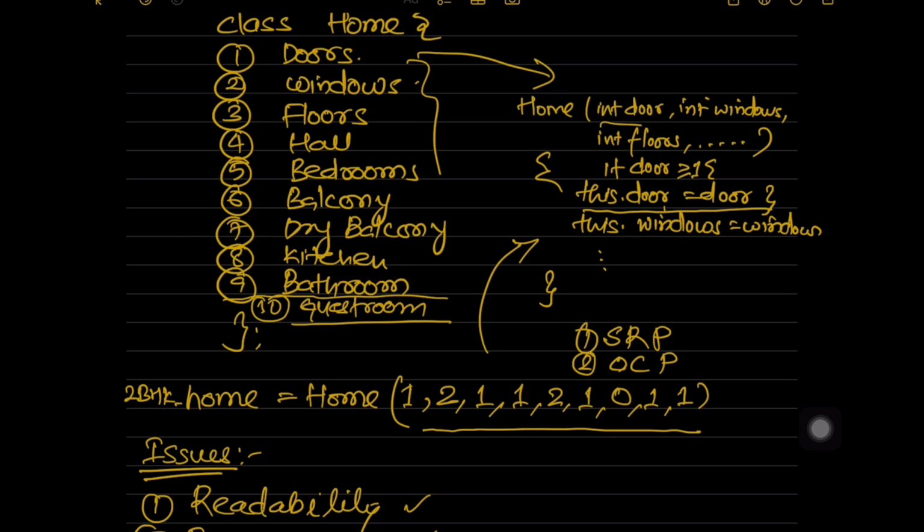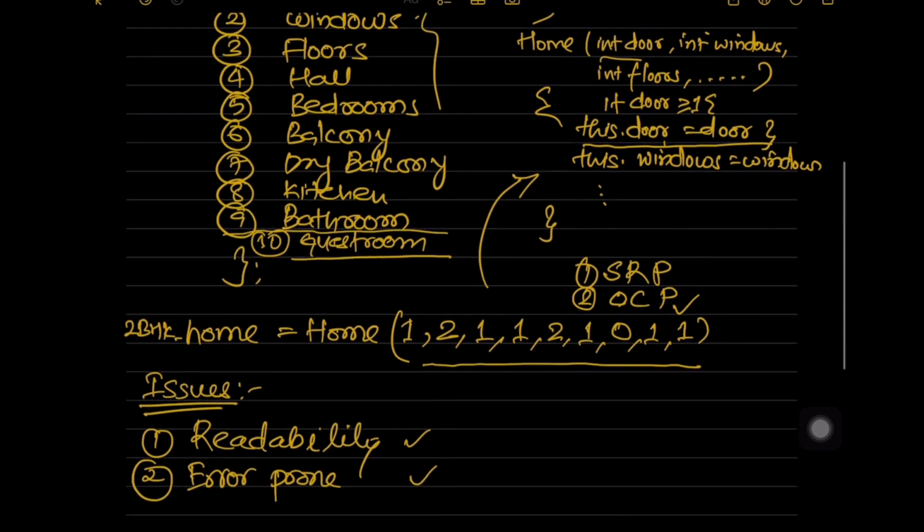You can see how big it will become. So this is violating the open closed principle because it's open to modification, but it should only be open to extension and closed to modification. That's what OCP is. So it's violating these two SOLID principles.